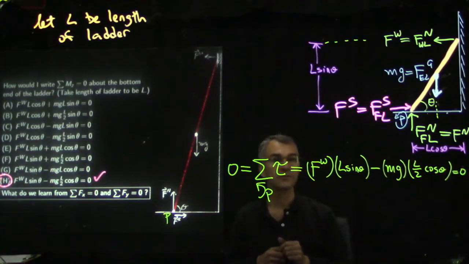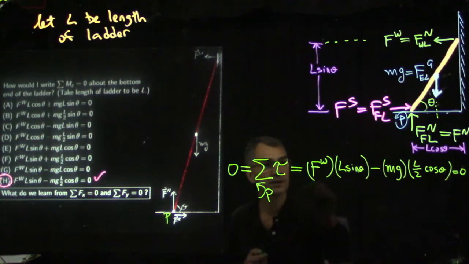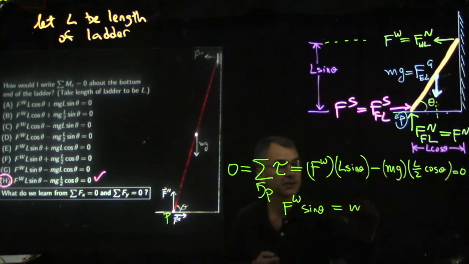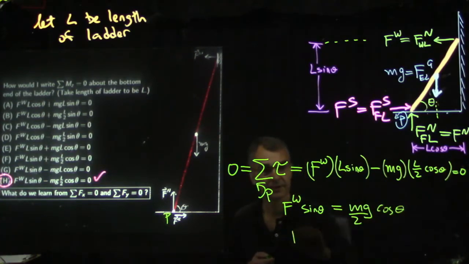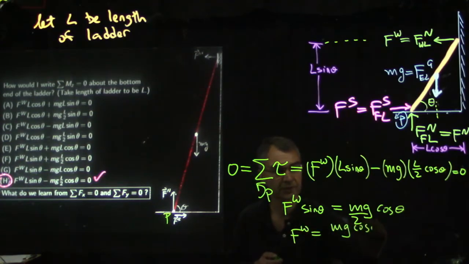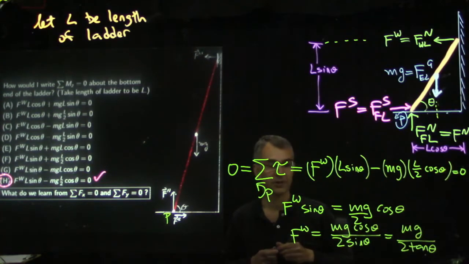The L cancels out, so we can put F wall on the left and this other term on the right. F wall sine theta equals mg over 2 cosine theta. That gives us F wall equals mg cosine theta over 2 sine theta. So it seems like F wall is mg over 2 tan theta.